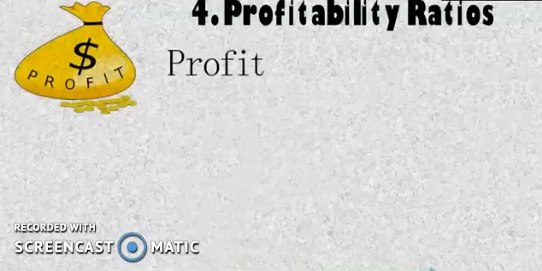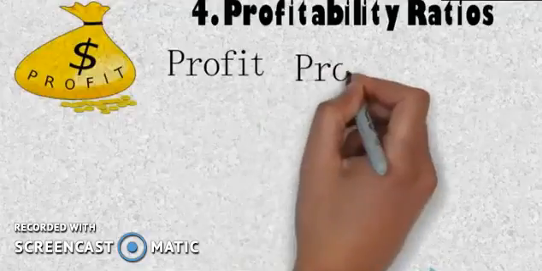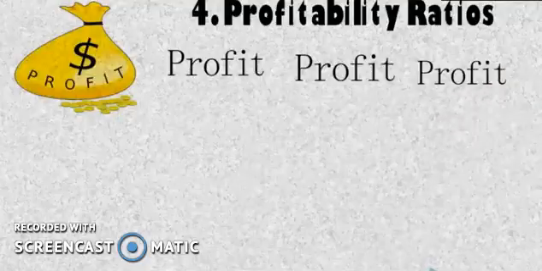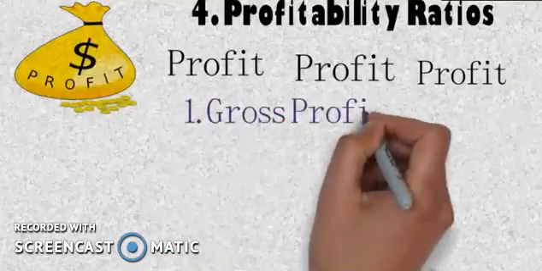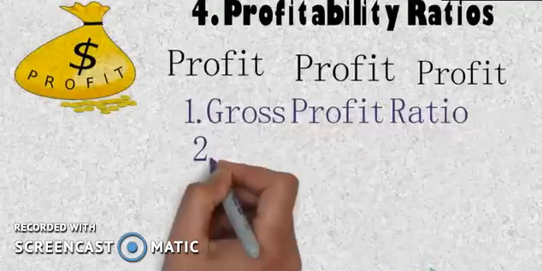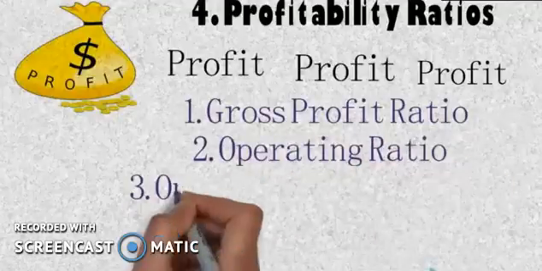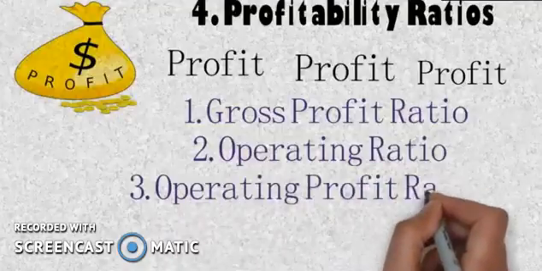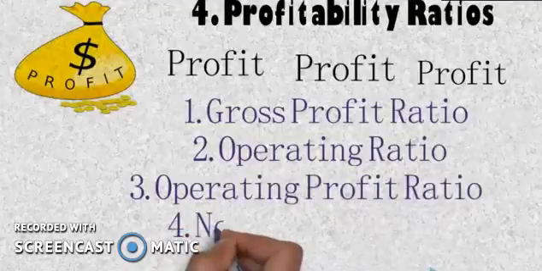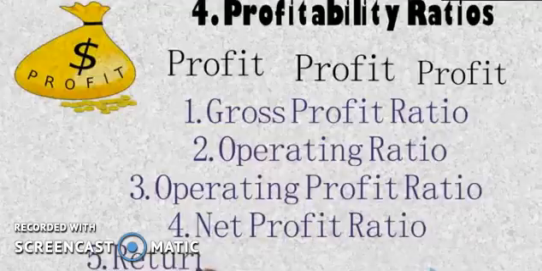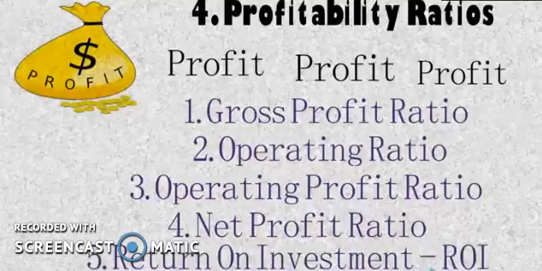It tells us the increase and decrease in the profit and the reason for that. Profitability ratios are of five types: gross profit ratio, operating ratio, operating profit ratio, net profit ratio, and ROI, that is return on investment.